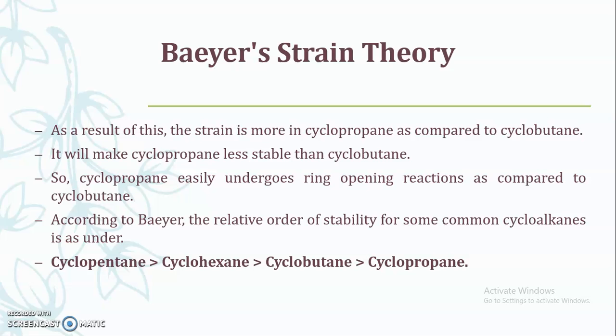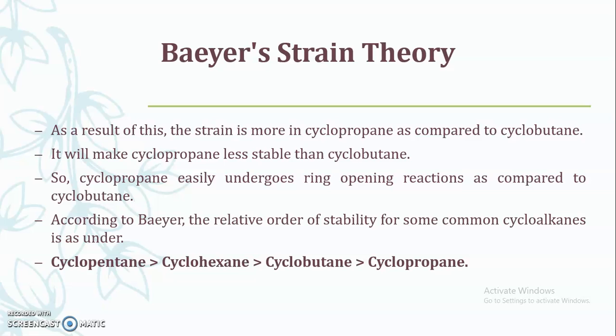So according to Baeyer, the relative order of stability is cyclopentane more stable than cyclohexane, than cyclobutane, than cyclopropane. But actually, practically, the stability of cyclohexane is more. Cyclohexane is more stable.